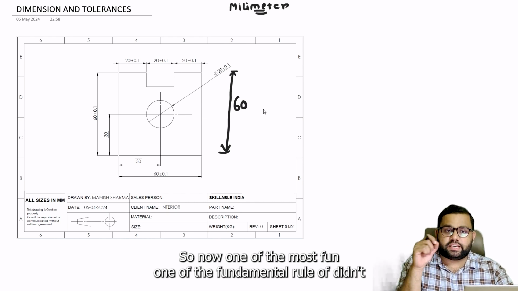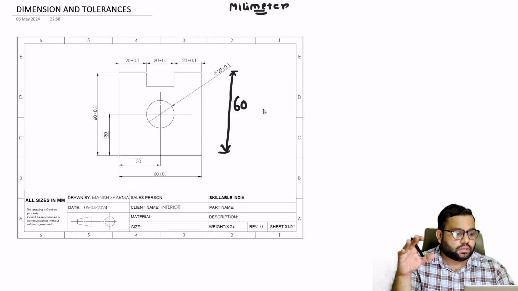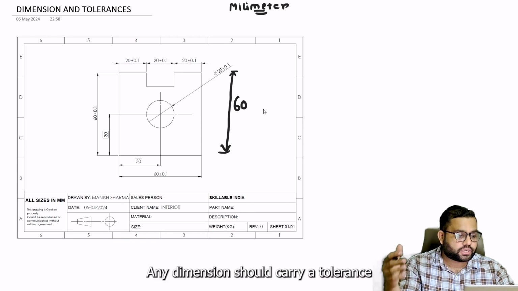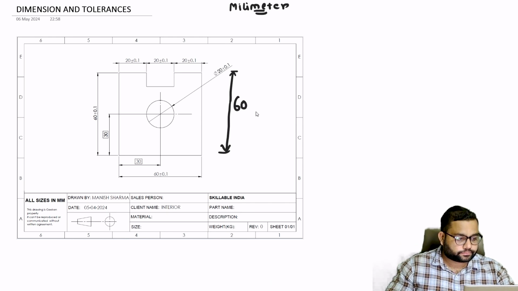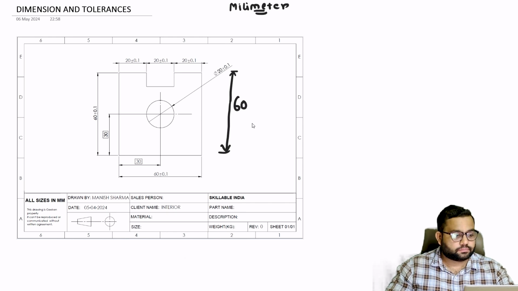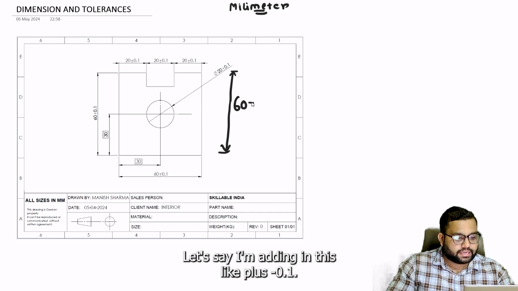Now, one of the fundamental rules of GD&T tells that any dimension should carry a tolerance, because manufacturing a part exactly to the dimension 60 mm is very difficult. So what we have to do is add a tolerance. Let's say I am adding plus minus 0.1 mm.